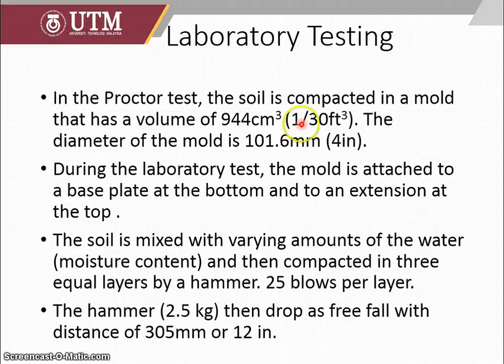The soil will be compacted in a mold, and this mold is attached to the base plate, and it also has an extension, which I would call a collar. For the soil sample, we have to vary the amount of water, so we can have about 4 to 5 different soil samples, and we do the compaction.